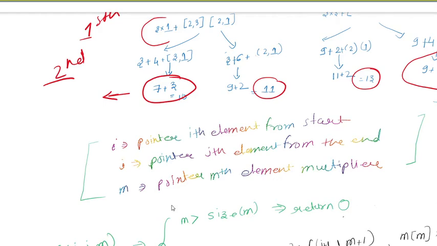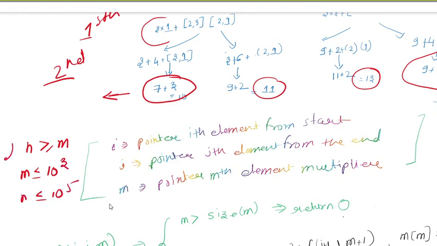Let's look at the constraints. N will be greater than or equal to m. The second constraint given is n is less than 10 power 3 and m is less than 10 power 7.